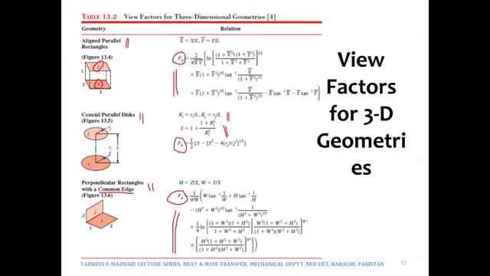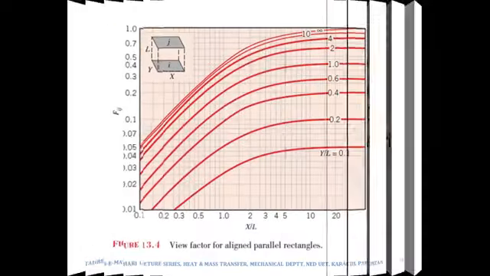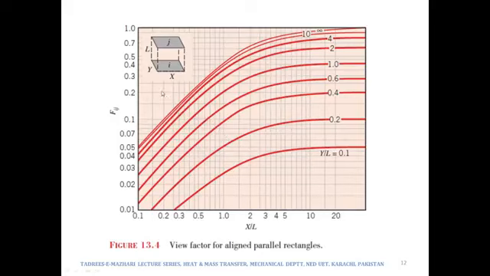Now in fact, if we want to find out Fij for any of those three cases, the good thing is that we do not need to use those very long expressions. Rather, those very long expressions have been converted into some easy to use charts. See, this chart corresponds to the first case, aligned parallel rectangles.